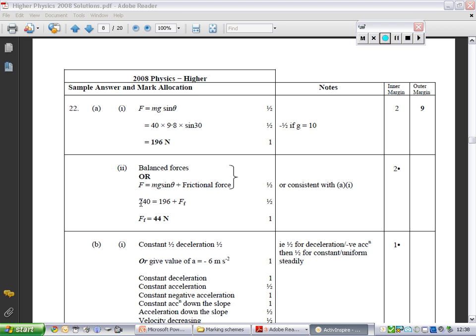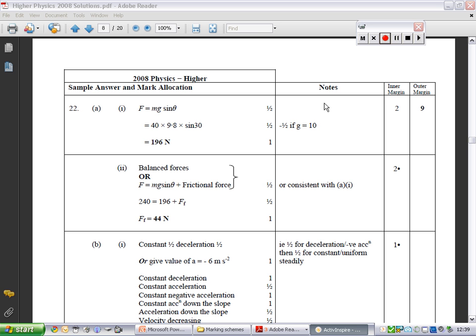You're saying 240 must equal 196 plus F, the force of friction, so the force of friction is 44 newtons. So you're getting half a mark for saying it's balanced forces, and then 1.5 for actually doing a subtraction. Dead easy.